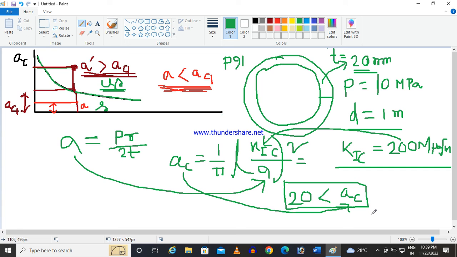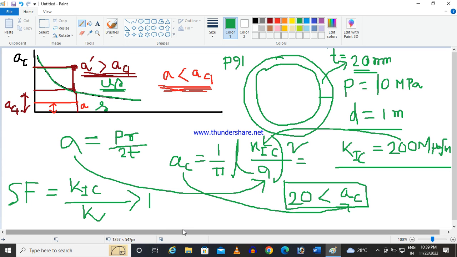Okay? And what is the safety factor we have considered here? So the safety factor is my K1C divided by K. So definitely this should be greater than 1 in case of leak before break.